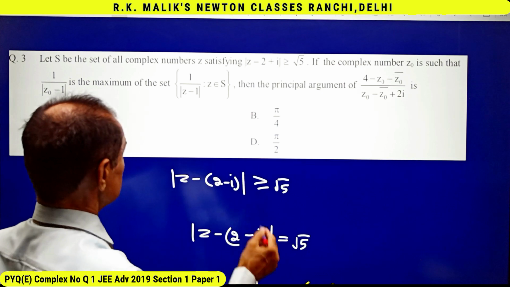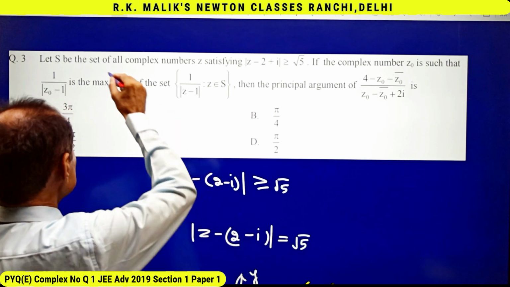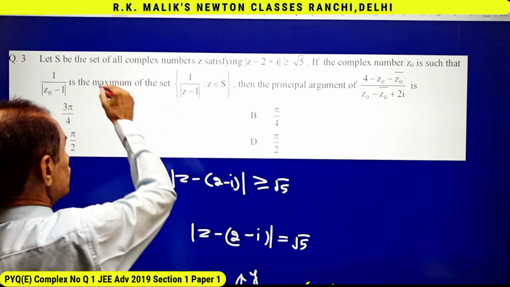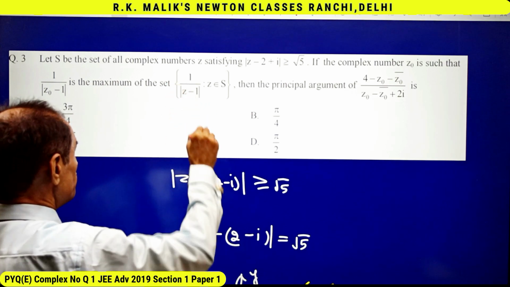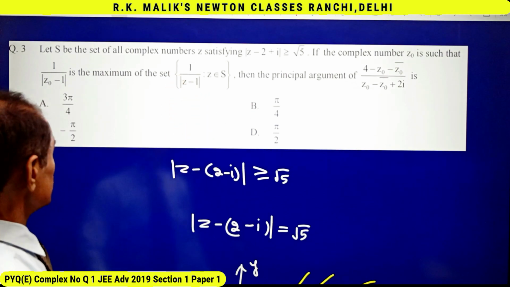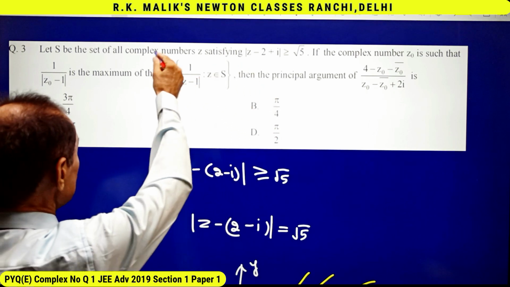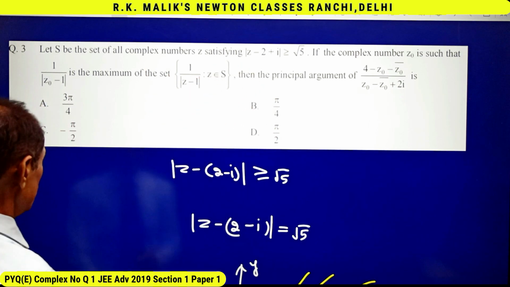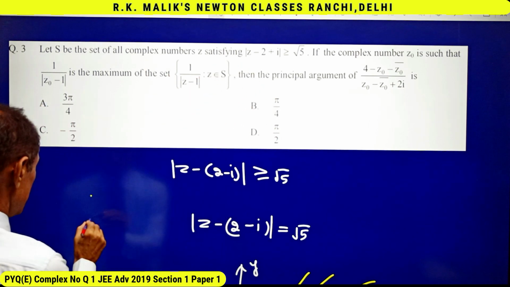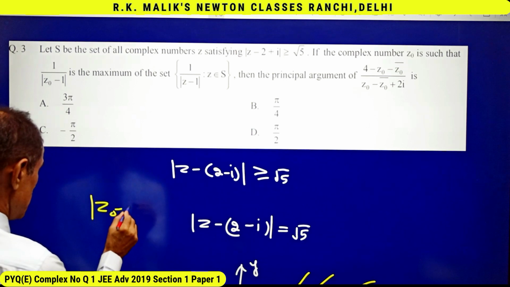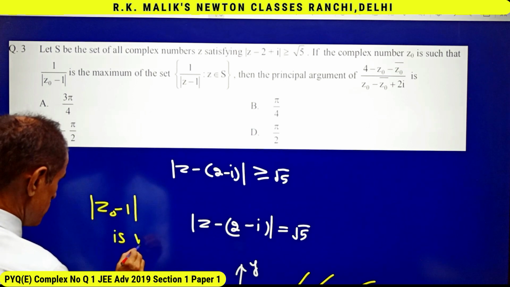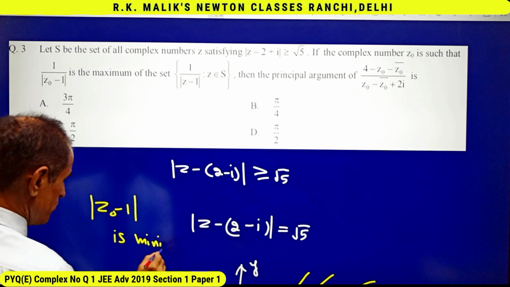Means Z0 is that complex number of the set S for which this is maximum. Or I can say Z0 is that complex number of the set S for which mod Z minus 1 is minimum.